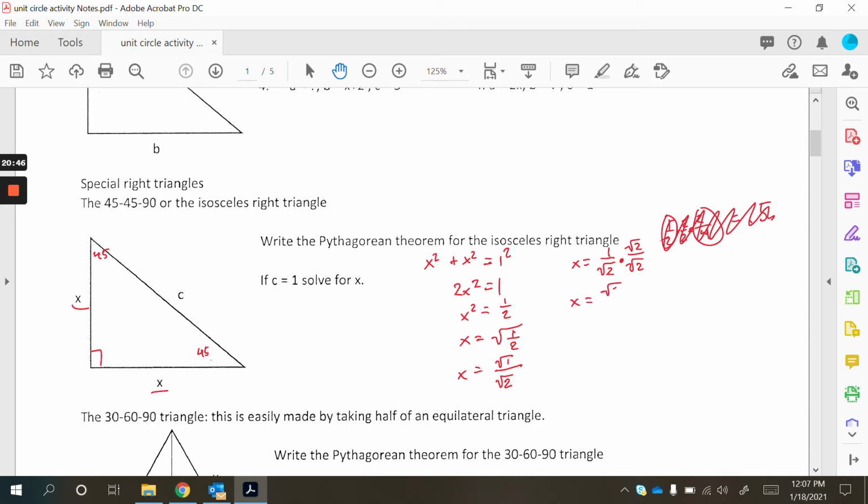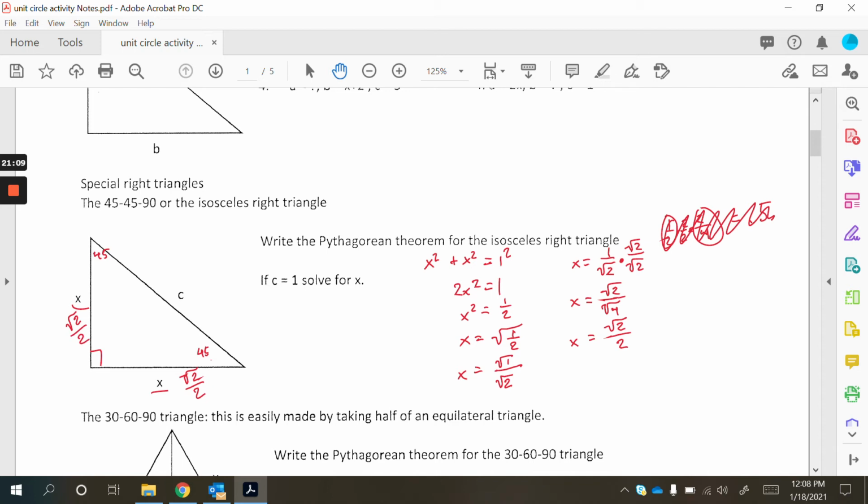So on the top, we'll get square root of 2. On the bottom, that'll yield square root 4, and square root 4 is 2.